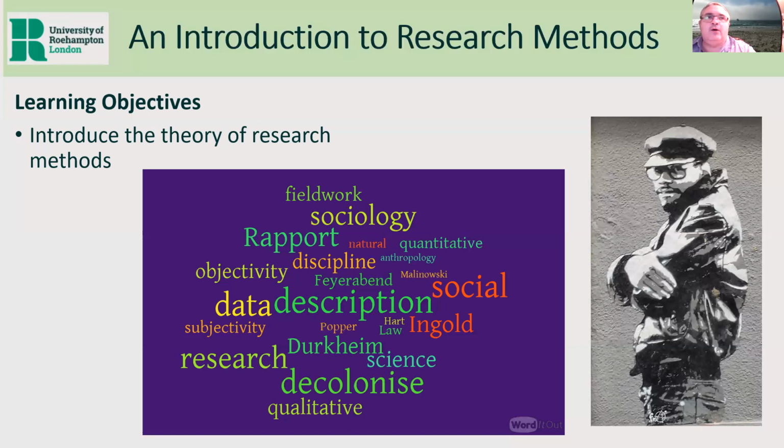And that rests on earlier anthropological work, such as Robin Horton, who suggested that African traditional thought and Western science have equivalences, that they are similar knowledge forms.